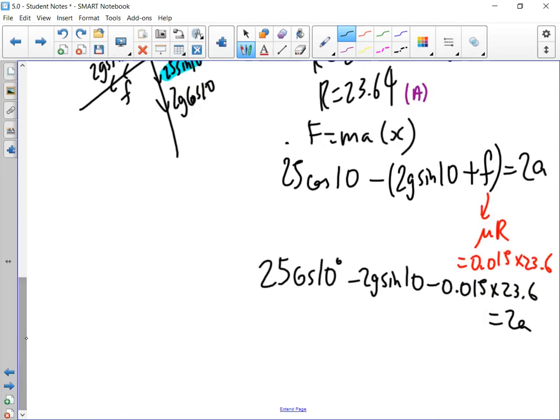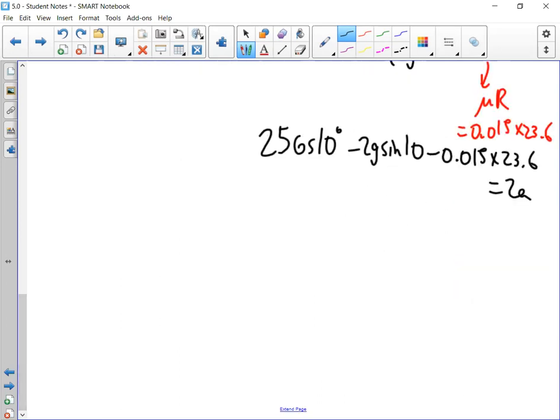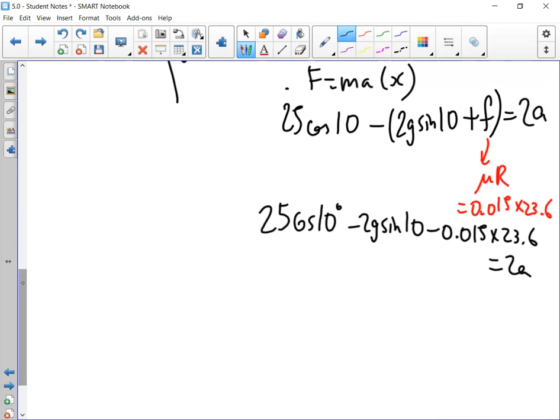Now we can put them all in a calculator: 25 cos 10 minus 2 times 9.8 sin 10 minus 0.015 times my memory box A.